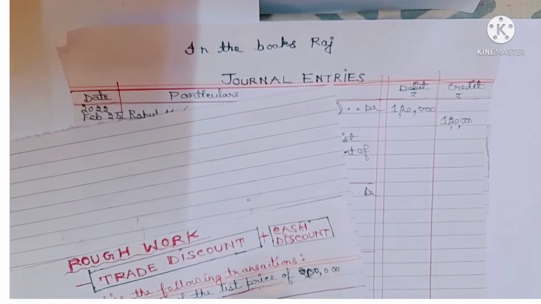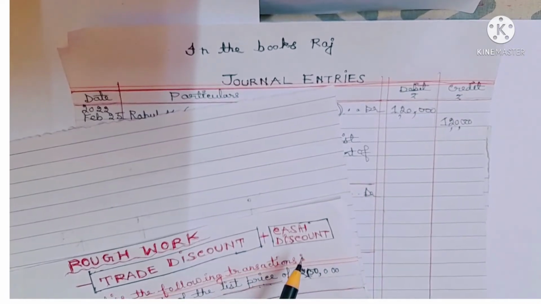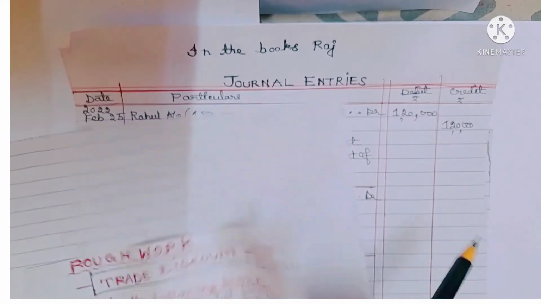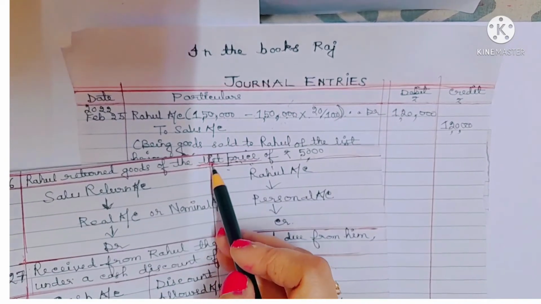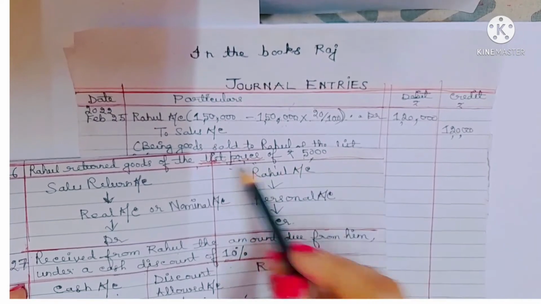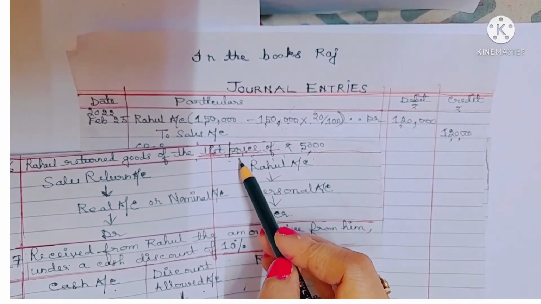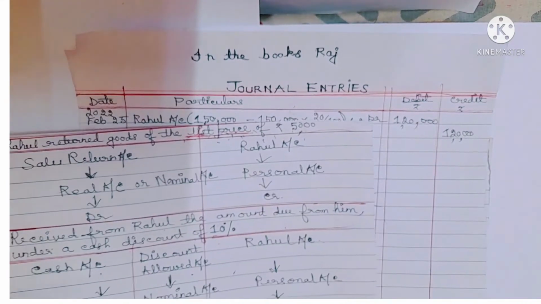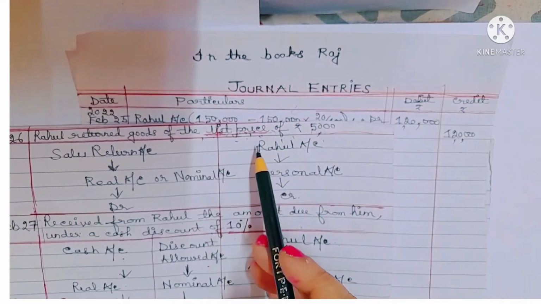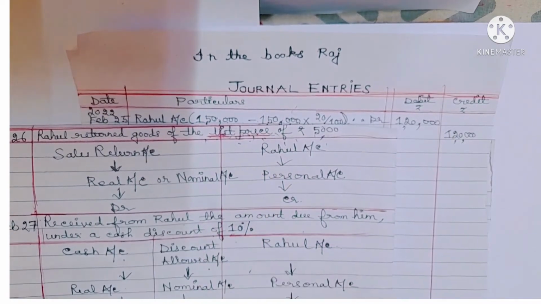In the first transaction, there is list price of 1,50,000; you have to deduct trade discount and then write the amount. In the second transaction as well, list price is given. So you have to deduct trade discount from the list price and then write the amount in the journal. Because in the seller or buyer's book, its amount is recorded as net price.